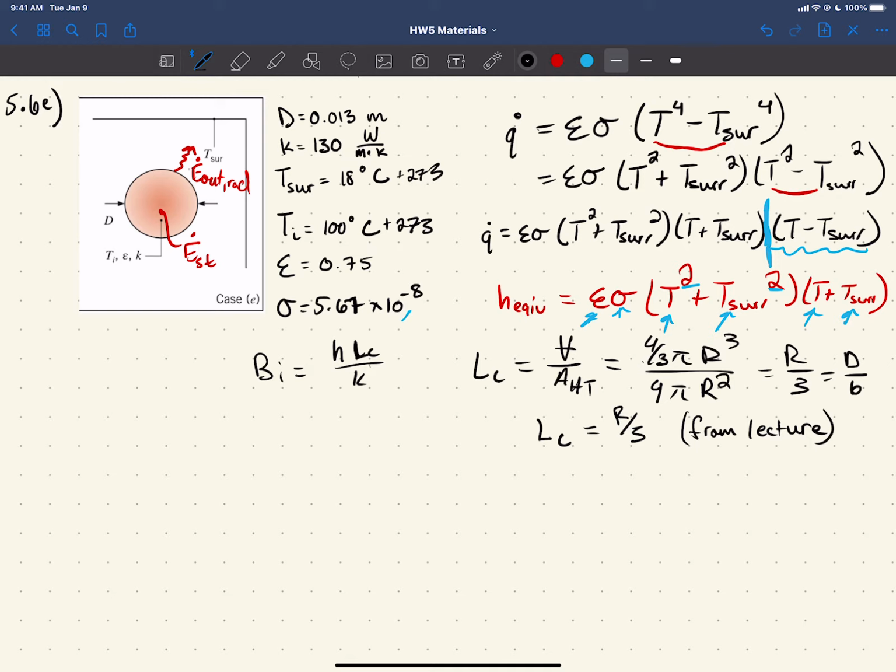I always stick stuff like that either from the book and show what equation or page, or from lecture, if I do something that's not necessarily obvious when I'm working on homework, so it doesn't look like I'm pulling it out of thin air. And then you take all that stuff, because I think we have everything. Yep, because we're given k, and you plug it all in and you get a Biot number, and it's whatever.